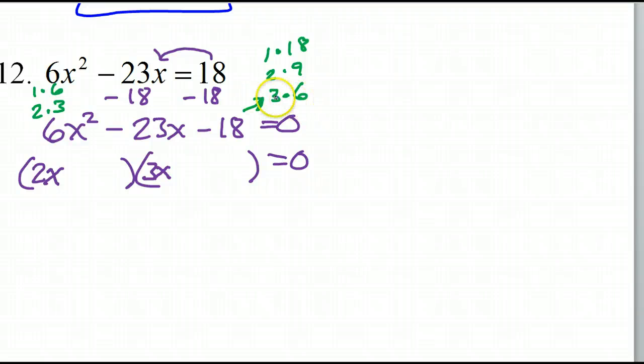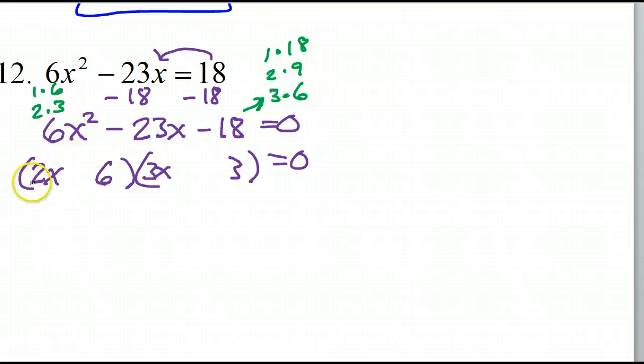Now, if I put the 3 and the 6 here, well, I've got a GCF between the 3 and the 6. But even if I switch it around the other way and go 6, 3, well, that's even worse. Now I still have a GCF over here, but now I have a GCF over here too.